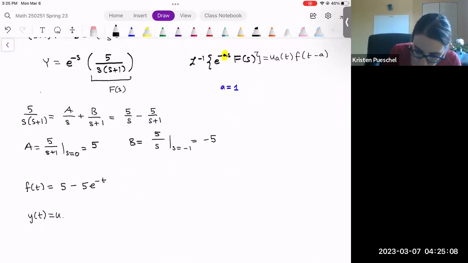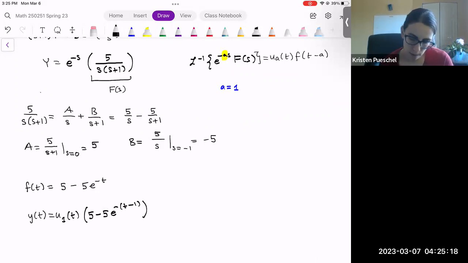So this tells us u1 of t times 5 minus 5 e to the negative t minus 1. And we can either leave it like this, or if we wish to, we can expand a little bit, so we get e to the 1 minus t.